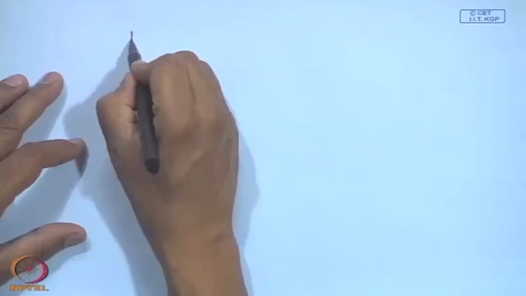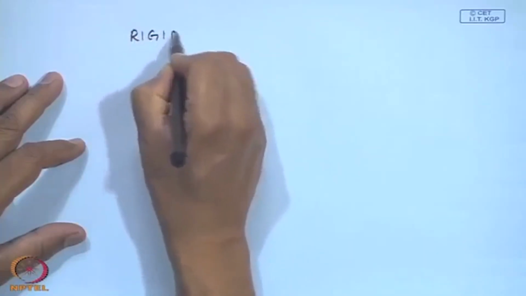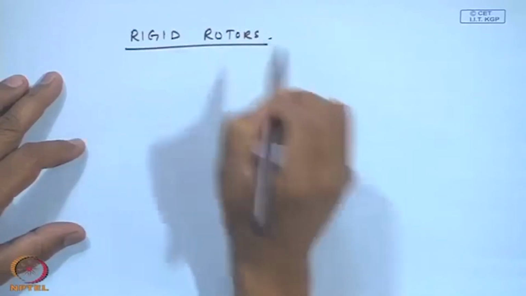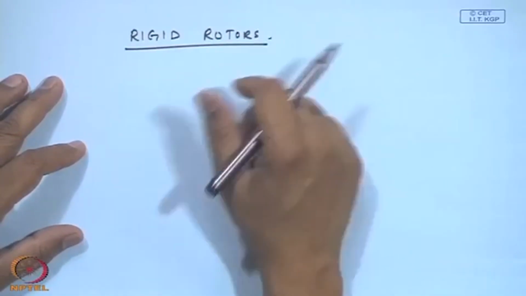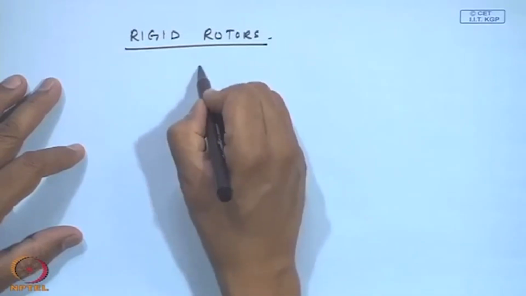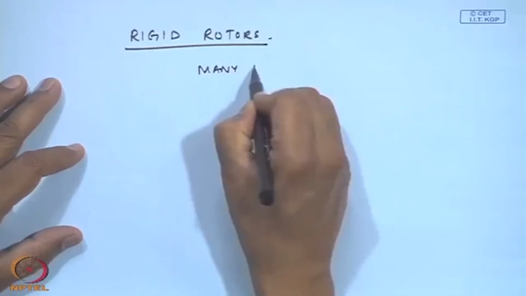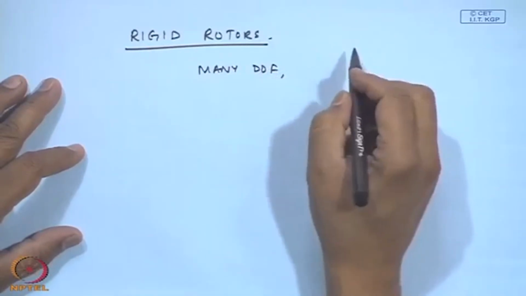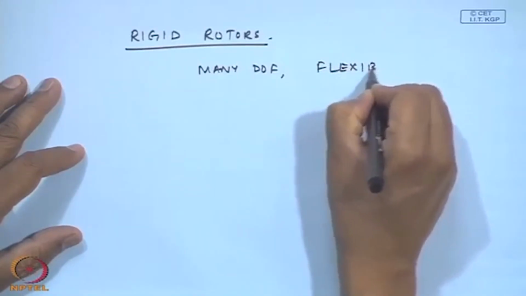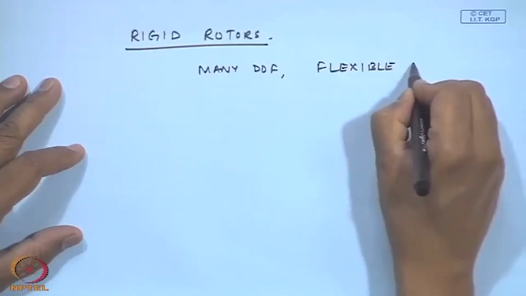Now, of course, one of the fundamental assumptions we are making in this balancing is that these are rigid rotors. But you know from our class on rotor dynamics that rotors have many degrees of freedom, and then they need to be treated as flexible rotors.